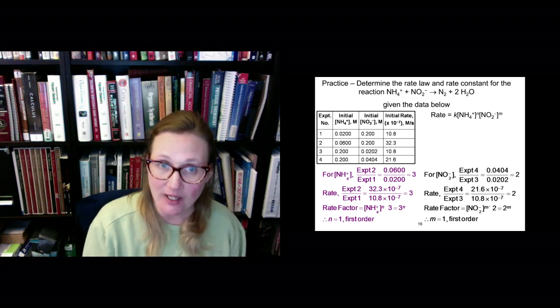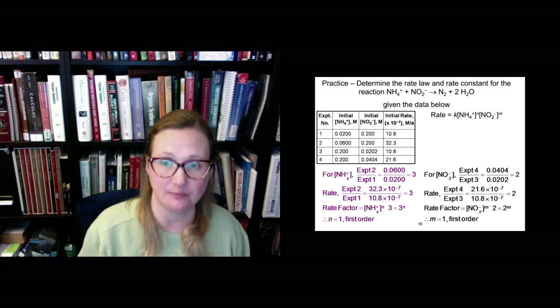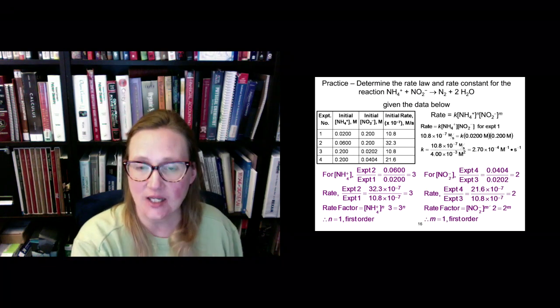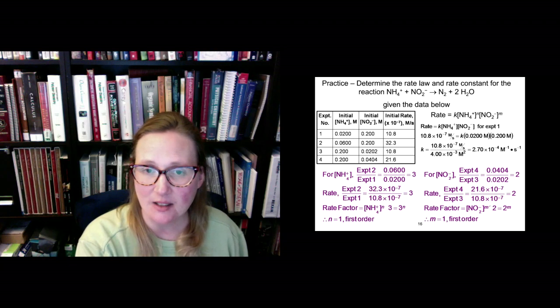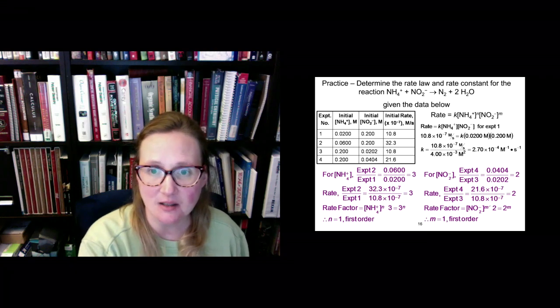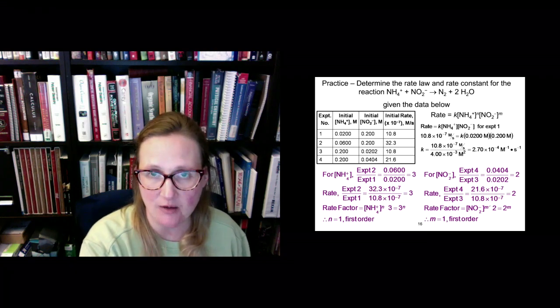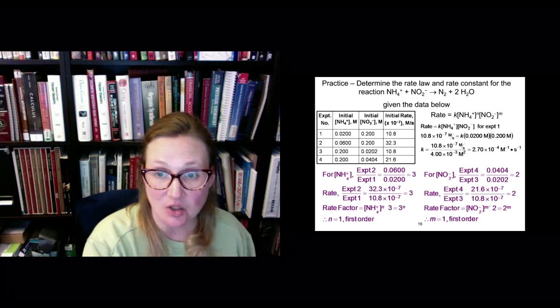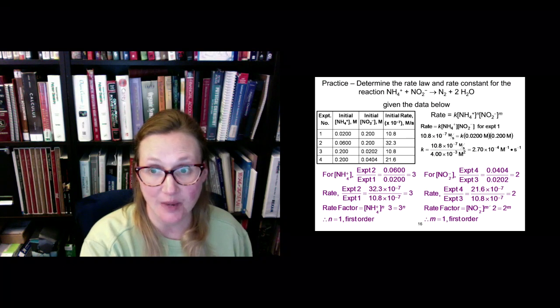Okay, so now what we can do is write that rate law again. All right, so let's write the rate law. So here we can say the rate is equal to the rate constant times the concentration of ammonium ion to the first power times the concentration of NO2 to the first power.